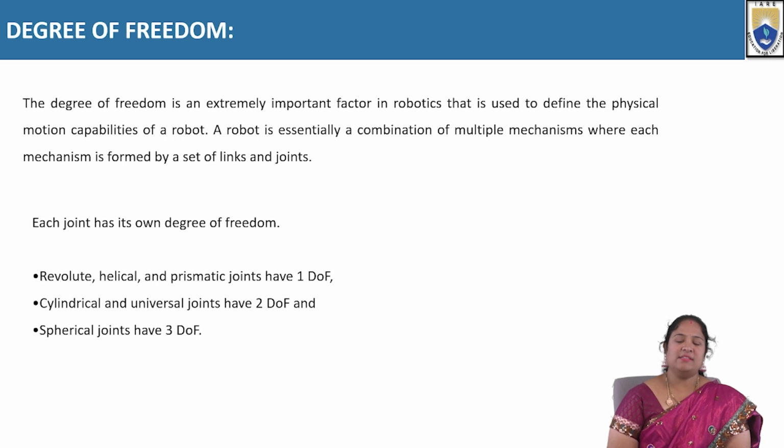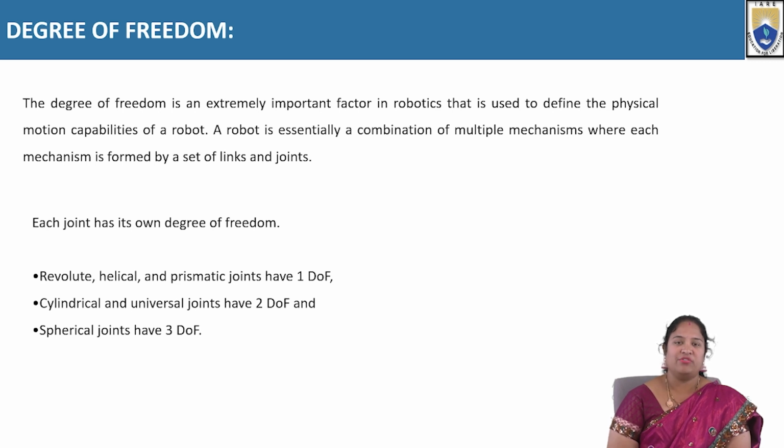Any particular independent joint which has certain movement is known as degrees of freedom. The degrees of freedom is an extremely important factor in robotics that is used to define the physical motion of a robot.